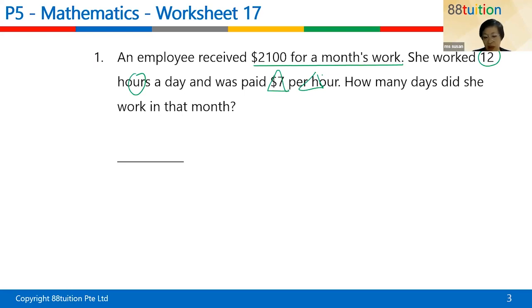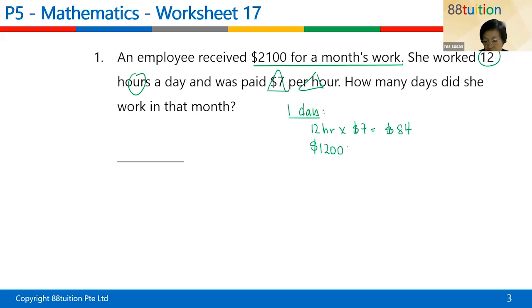Let's take a look at the 12 hours pay for one day first. So we put that as 1 day pay. He worked 12 hours, and you have to multiply by $7, and that will get $84. So how many 84s are there in 2,100?